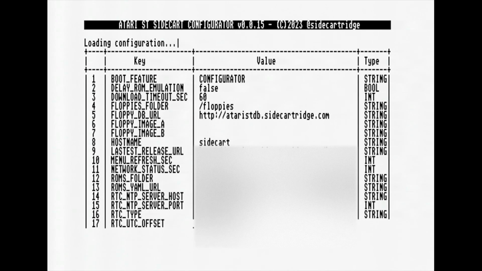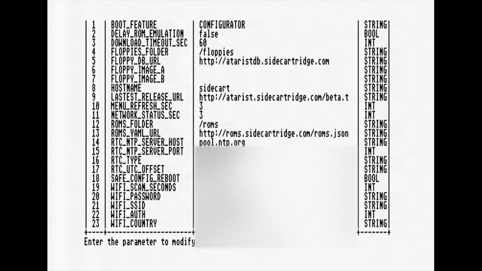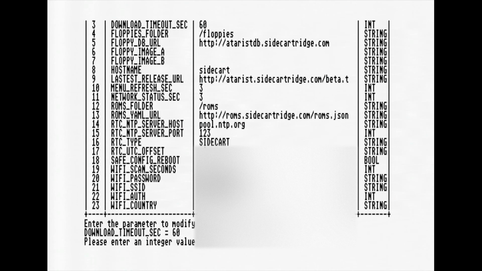So I will show you how to increase this value, changing the parameter download timeout sec. I will increase it from 60 seconds to 90 seconds. Okay, now we are done. If we try to download a new image from the floppy images database, it should time out in 90 seconds instead of the 60 seconds.